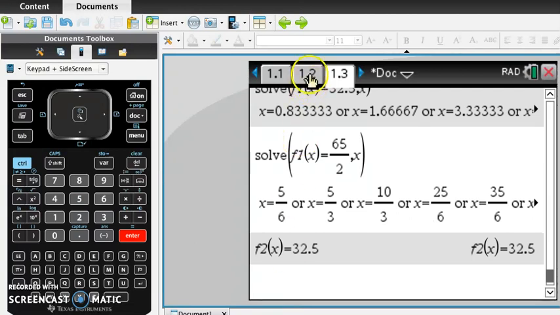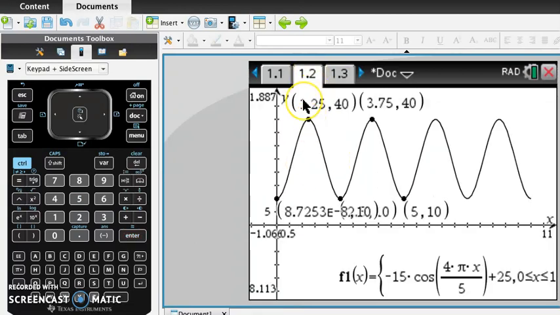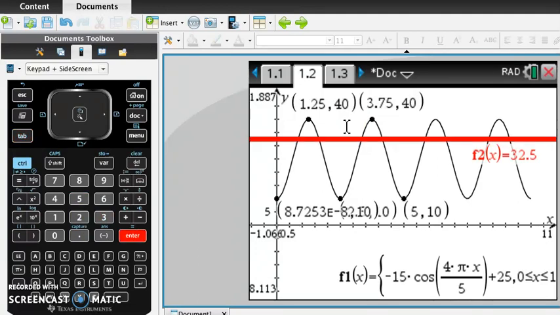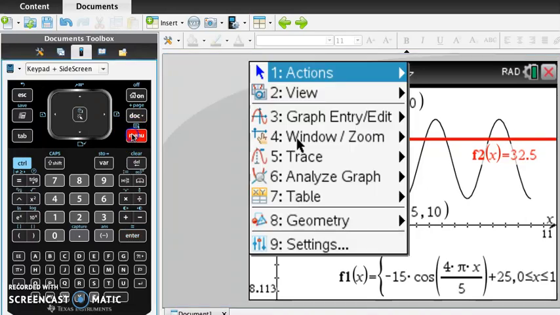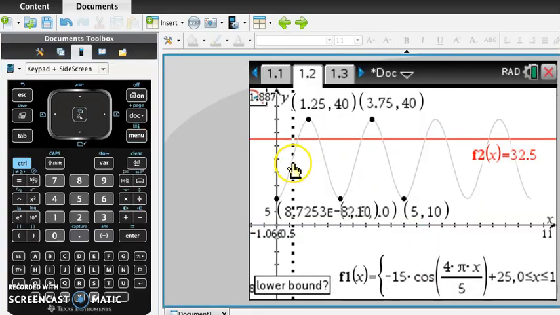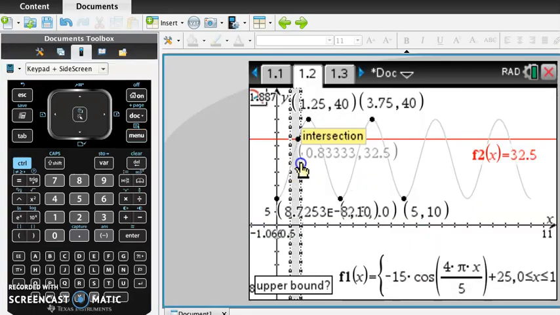All right, so now if I go to my graph, oh, what's happened there? I didn't define it, did I? So there's that. So now we can see clearly the points of intersection. So if I find the point of intersection, we'll just get one of, maybe a couple of them.